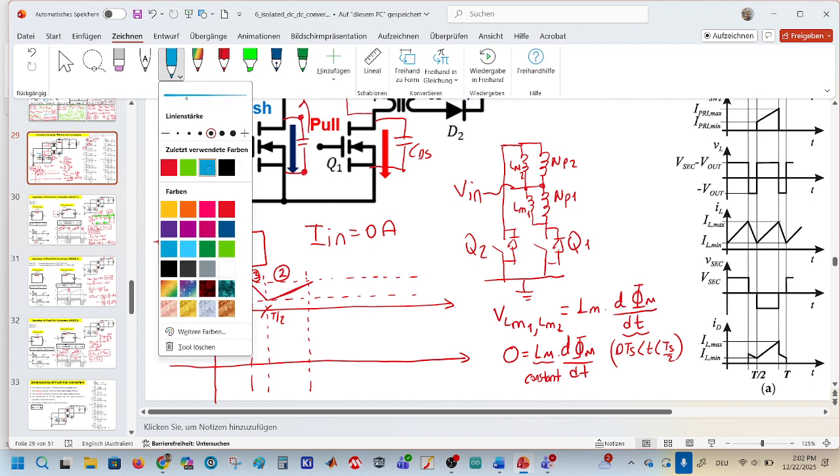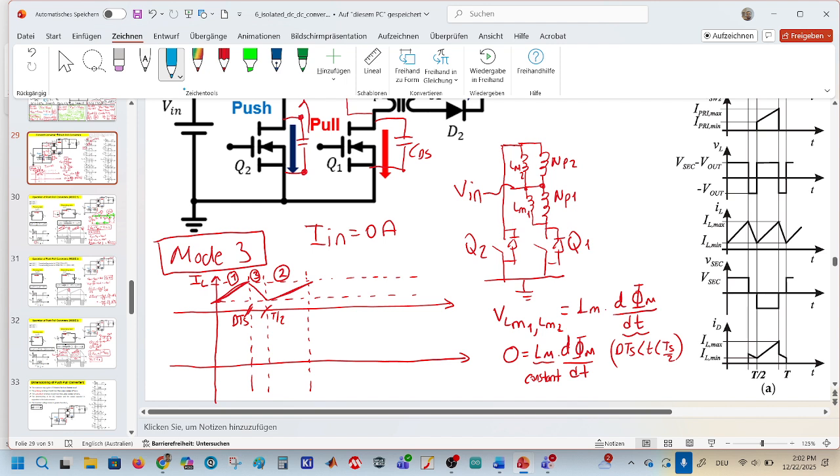And we can also show the flux on the core, flux minimum value and the maximum value.